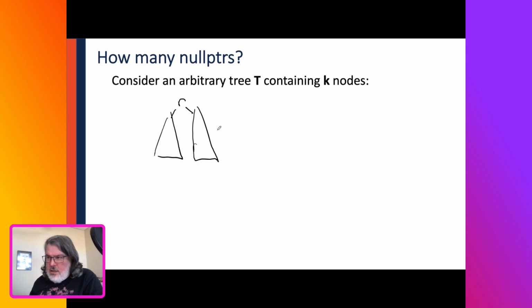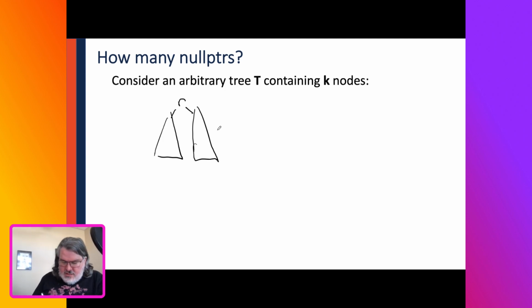Since it has k nodes, I want to express how many nodes are in each subtree. So first, let's pick a letter. Somebody give me any letter. M. Okay. M was in first, so wins.